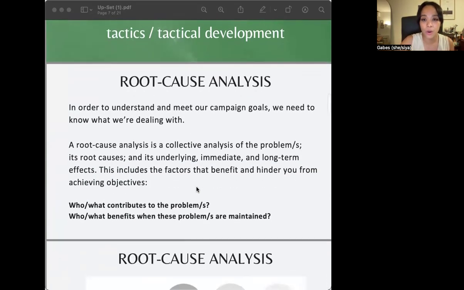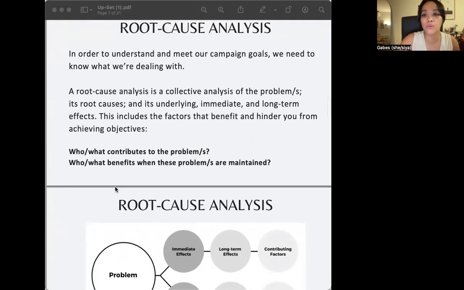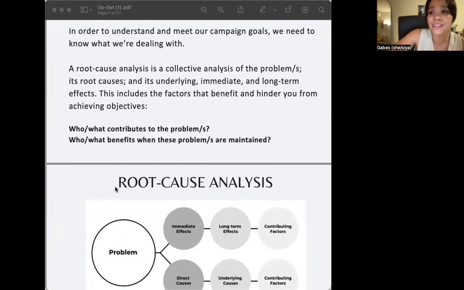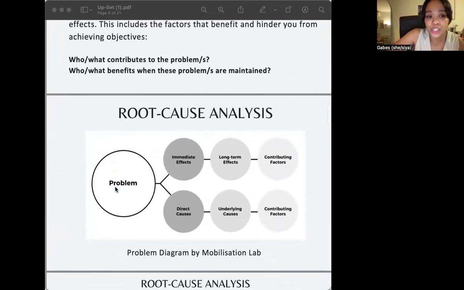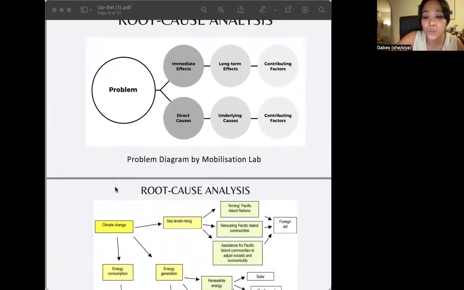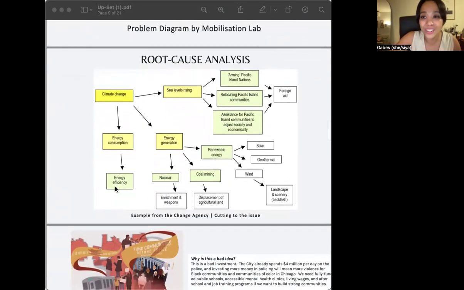Okay. So we're not going to talk that much about root cause analysis. Perhaps a lot of y'all have been discussing this amongst your campaigners or your organization. But these are examples of models and frameworks that you can use to analyze your problem. And you need to know your problem.